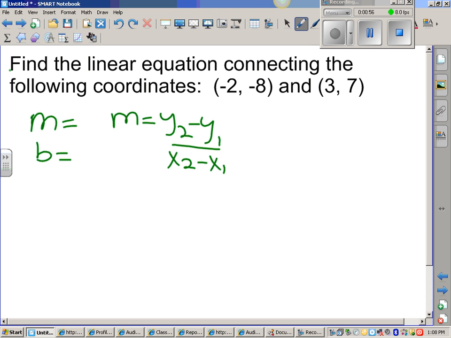Okay, so you have to plug in with the coordinates. Do you want to label first? Yes, label x and y over your coordinate numbers.